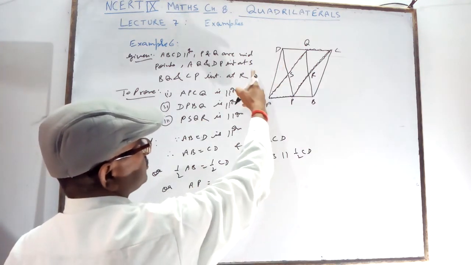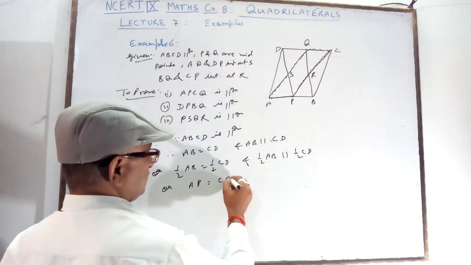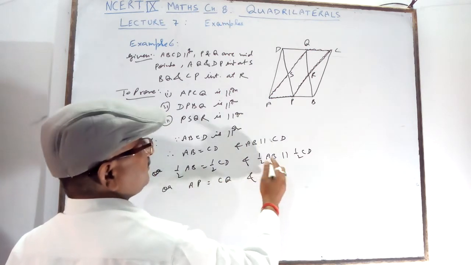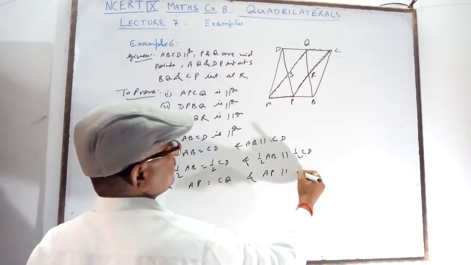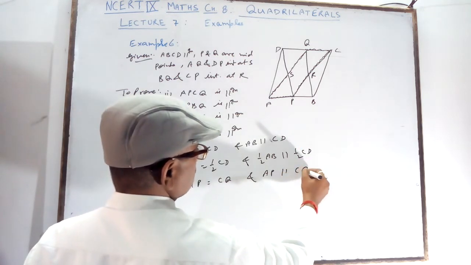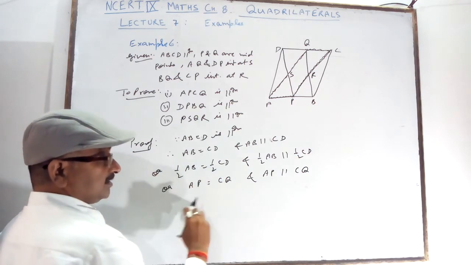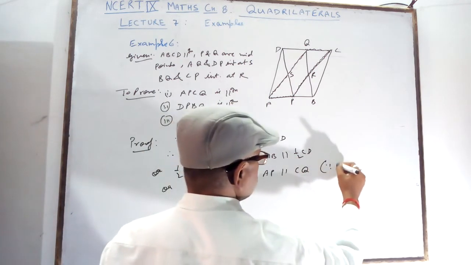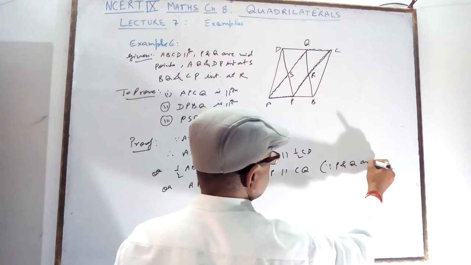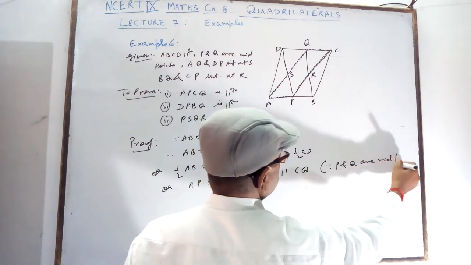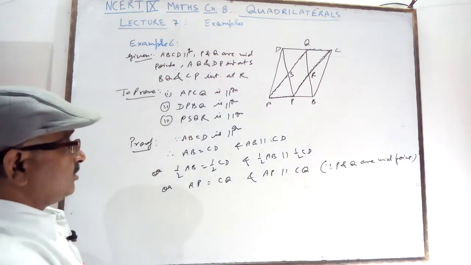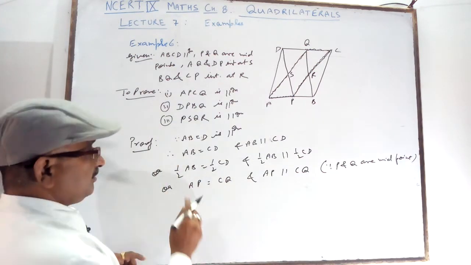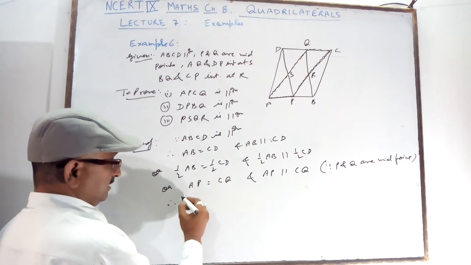Q is the midpoint of CD, so half of CD is CQ, and half AB is AP. So AP is parallel to CQ and AP is equal to CQ because P and Q are midpoints, as given. One pair of opposite sides are parallel and equal.